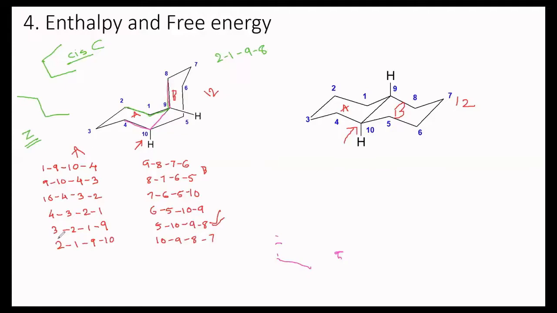So this is 4, 10, then 9 and 8. ये वो 12 में कवर हुआ था क्या? कहीं पे भी कवर नहीं हुआ है, राइट. So this is again a new one.